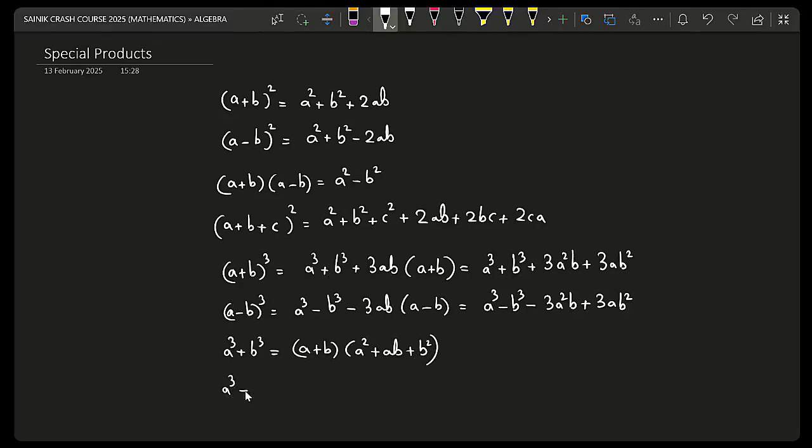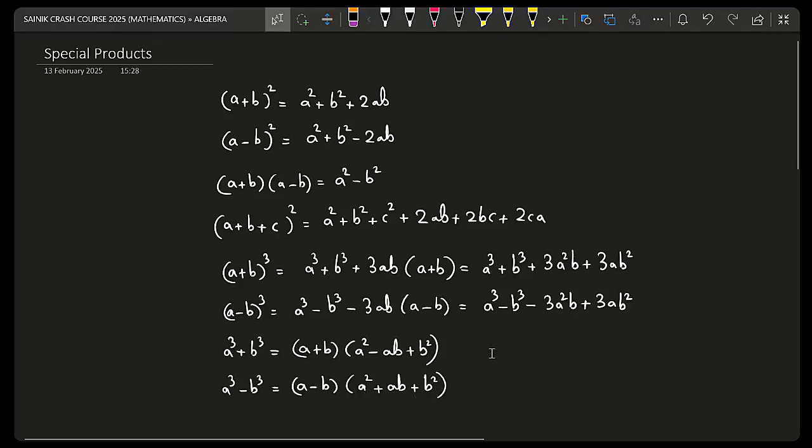And the factorization of a cube minus b cube is (a minus b) multiplied by (a square plus ab plus b square). So these are the special products. You must remember them, and using them we can solve the questions. While you are going through the recorded lecture again, you can make a note of them and remember.